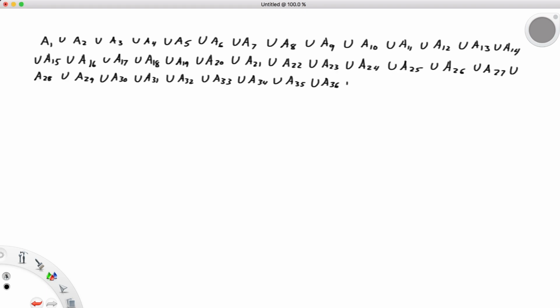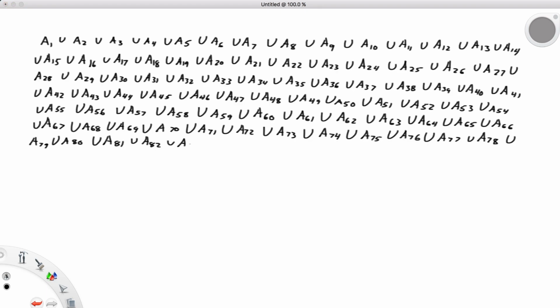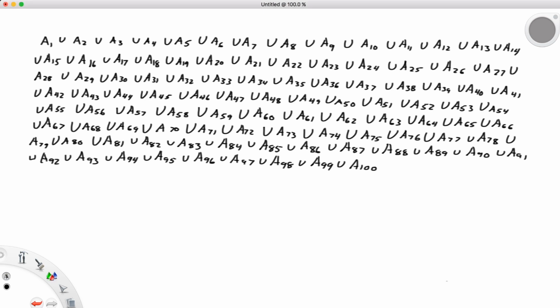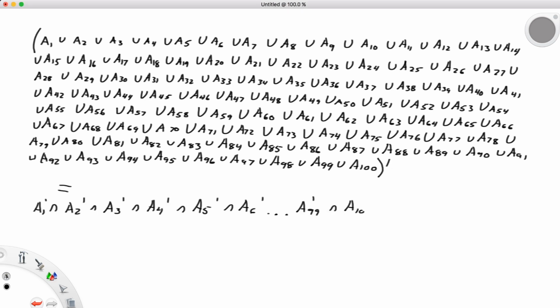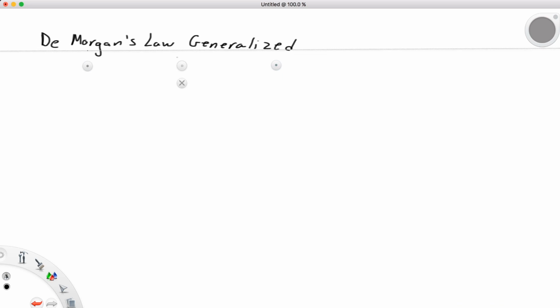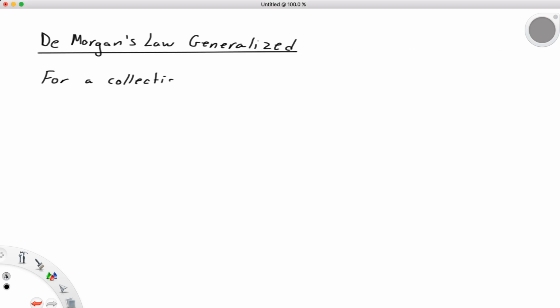We could take the union of 100 sets if we wanted, then take the complement of that, and it would be equal to the intersection of all of the complements of those 100 sets. So let's express the law a little more generally to account for the fact that this works for any arbitrary number of sets. And so let's assume we have a list of sets. We can label them with subscripts, so maybe A1, A2, A3, and so on for however many that we have.